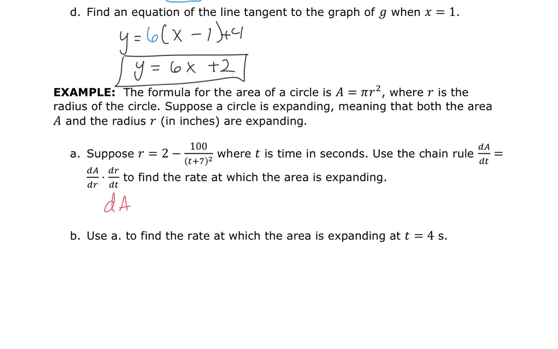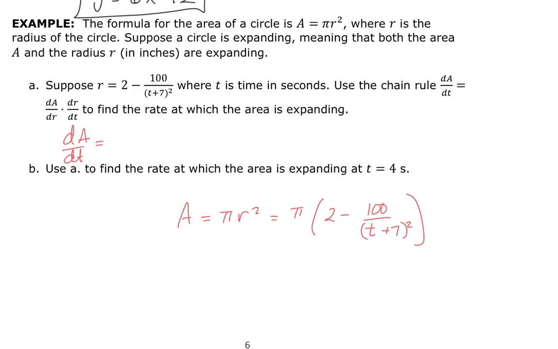So dA/dt is going to be equal to... I'm just going to go down here and write that A is equal to pi r squared, which is equal to pi multiplied by, my replacement for r, 2 minus 100 over (t plus 7), the quantity squared.